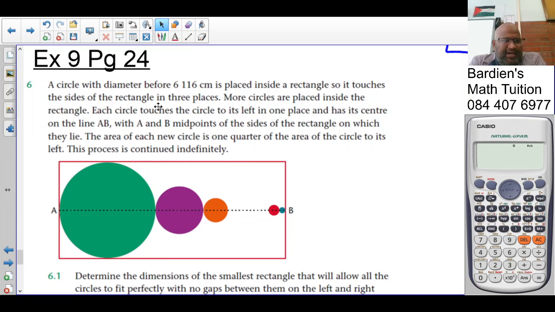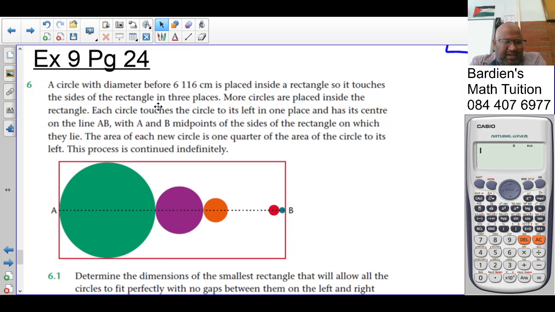a circle with diameter 6,116 centimeters is placed inside a rectangle. So it touches the sides of the rectangle in 3 places.